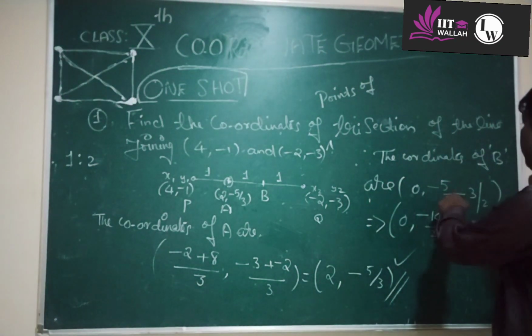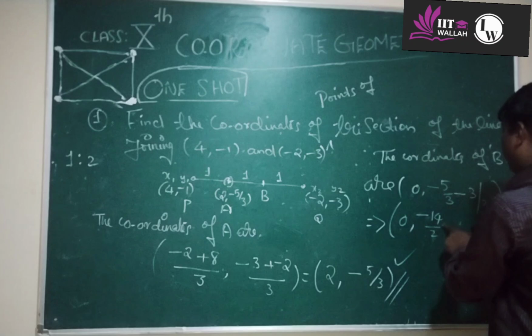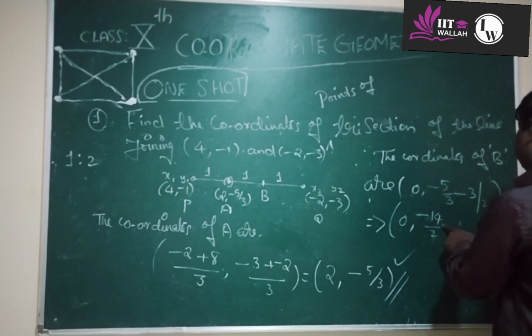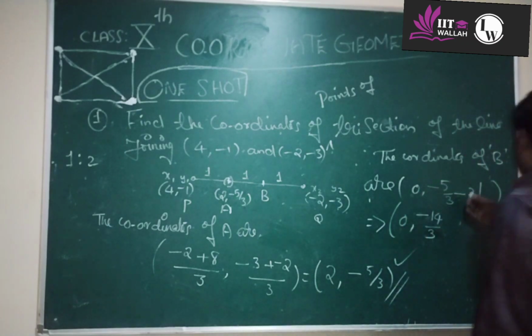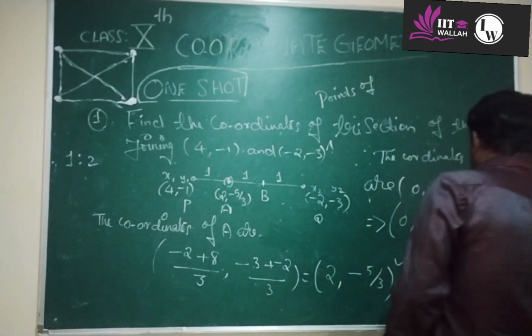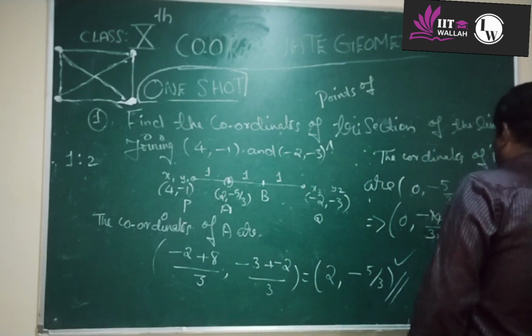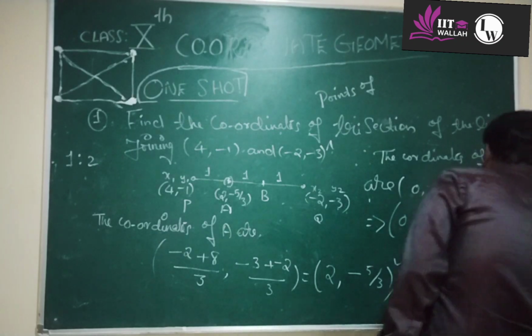So minus 5 by 3 minus 3, 3 3s are 9, minus 5 minus 9, 9 plus 5 is 14. Minus 14 upon 3 divided by 2. So 2 will come here, so it will become 0. 14 and 2 cancel: 0, minus 7 upon 3. So this is the answer.